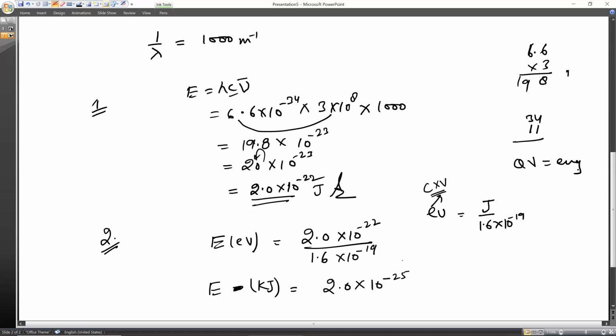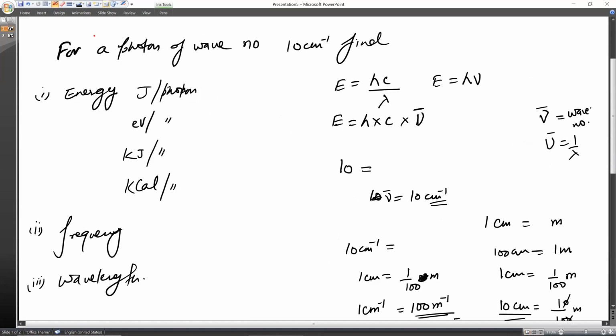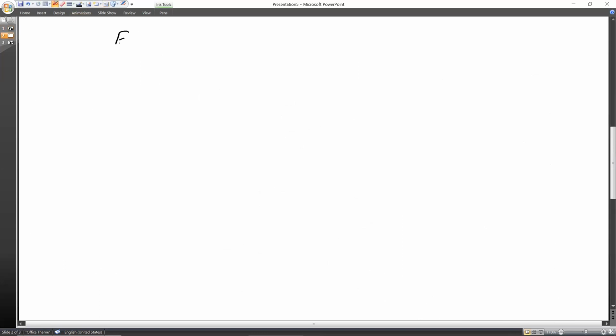But if the question is being asked in kilojoule per mole, if the question is kilojoule per mole instead of per photon, find the energy. How many particles are there in 1 mole?